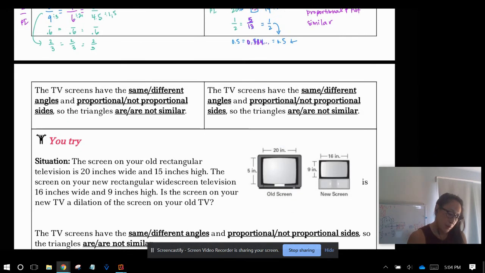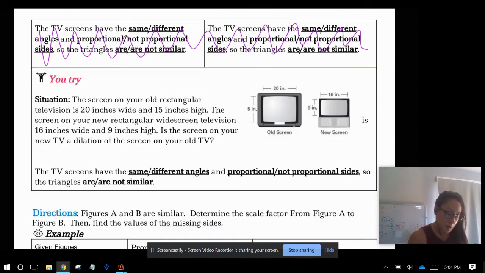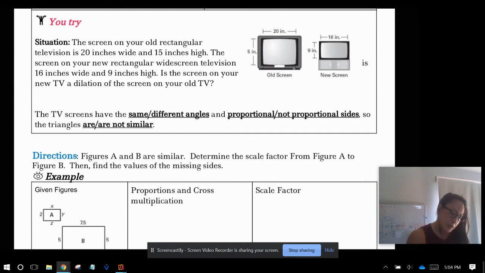Okay, we just filled in that sentence above. All right, so the TV screens. I want you guys to tell me if these two rectangular TV screens are proportional. The angles for the TV screens are 90 degrees, so every angle here is 90 degrees. Otherwise, you're going to have one weird wonky TV.